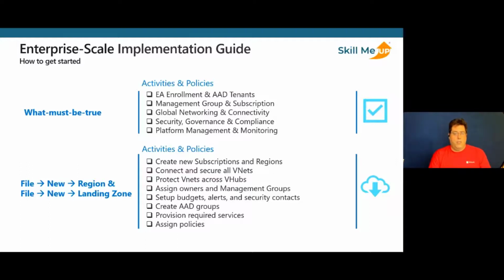Setting up our budgets, alerts, and security contacts. How are we going to monitor and govern and alert on that governance within our environment, and creating then our Azure Active Directory groups and provisioning our required services, and then assigning those policies to all of those resources that we have now created within the environment.